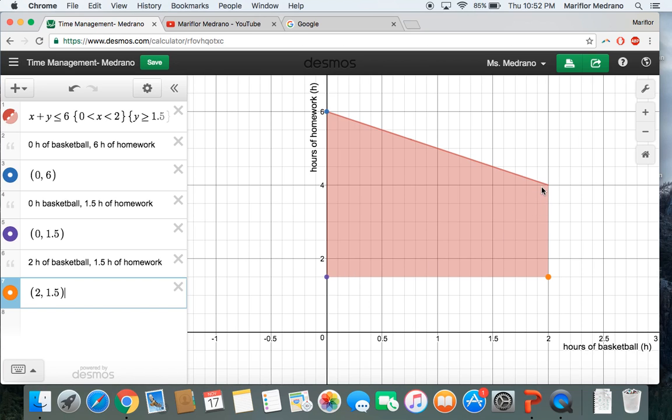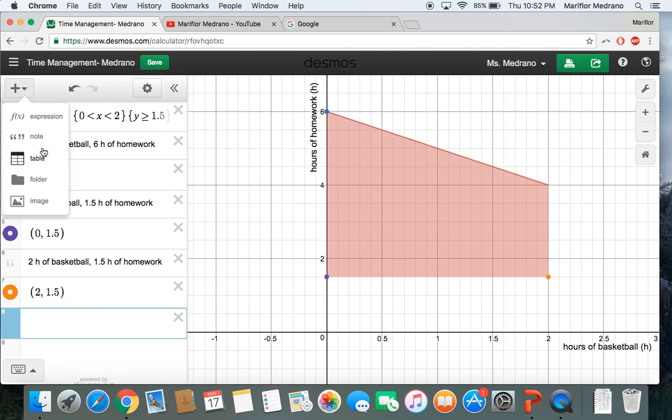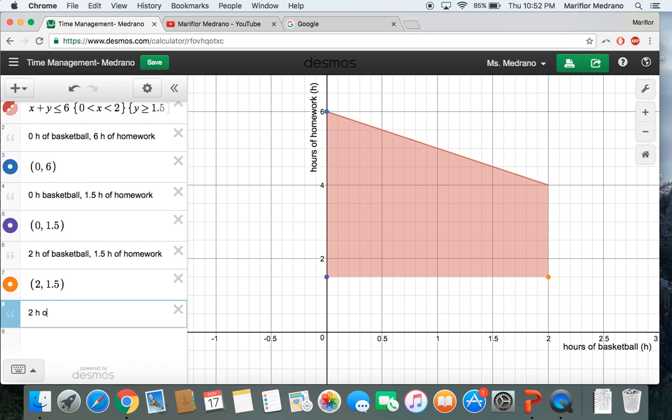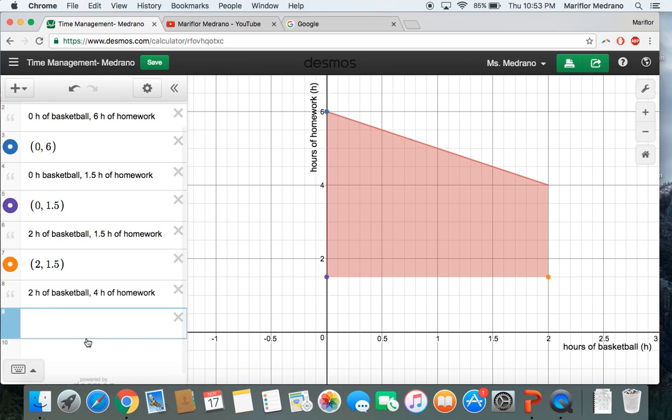And this last part right here is where I've maxed out on the number of hours I can play basketball. Because I've played 2 hours of basketball and I don't want to spend more than 6 hours total, the remaining hours left, which is 4, would be doing homework. So that point would be 2, 4.